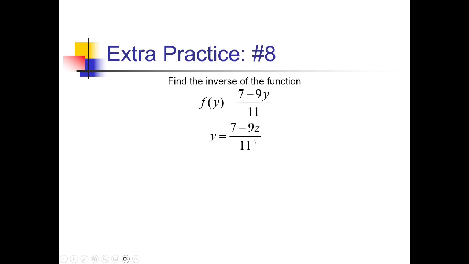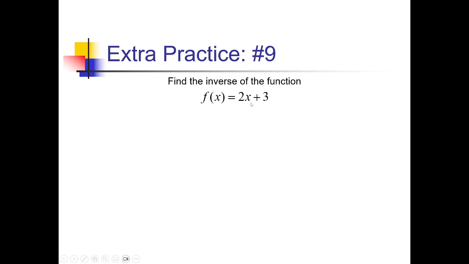There's nothing magical about having y represented. It's just a good output variable most of the time, but not this time. So let's multiply both sides by 11, so 11y, and then subtract the 7 to get this negative 9z alone, and then divide by the negative 9. So we have f inverse of y equals 11y minus 7 over negative 9.